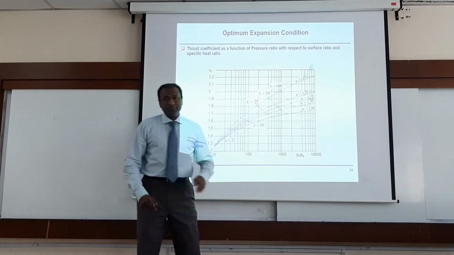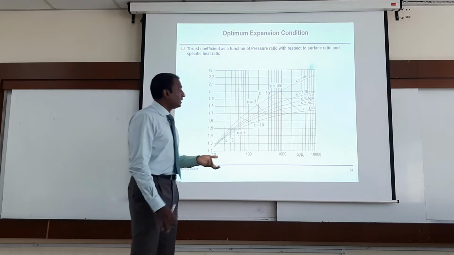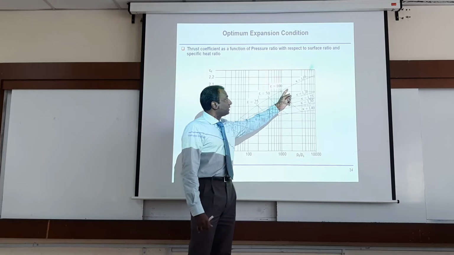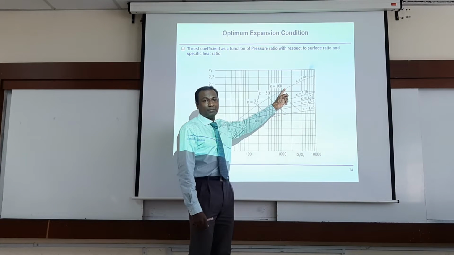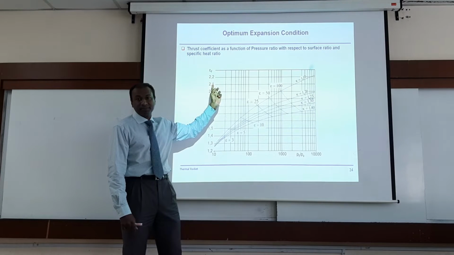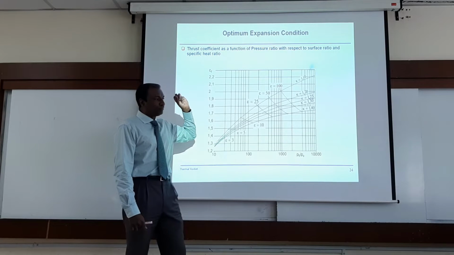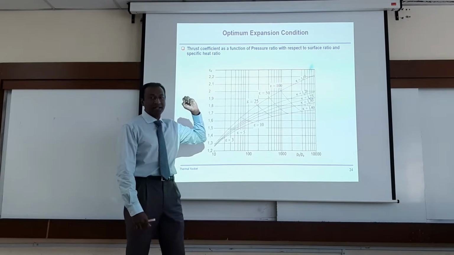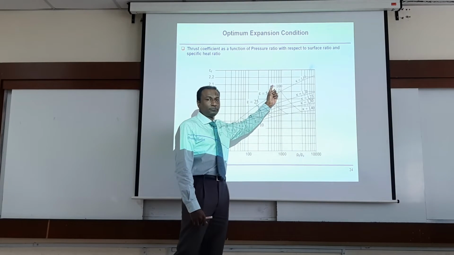But what is more interesting here is this: your kappa, the CP/CV ratio, also seems to be very important. A higher CP will produce a better coefficient, because kappa is CP over CV. If you have a controlled pressure, it is not going to give you a good thrust.